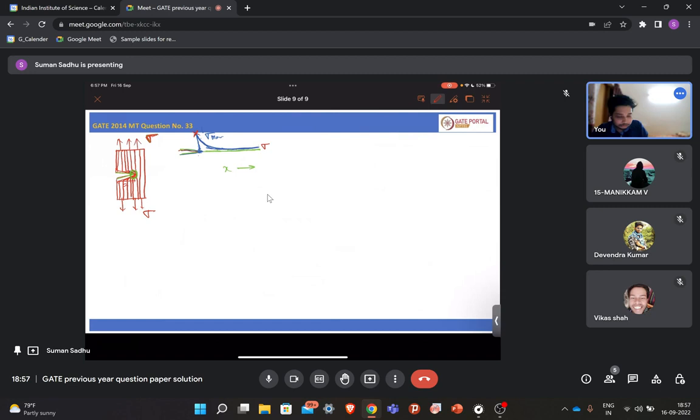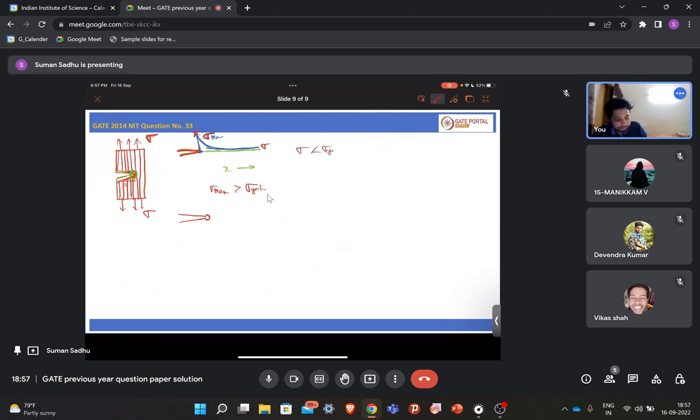So what will happen after some time? Now your crack is sharp, but your stress is higher at this point. If this sigma max is greater than sigma yield, or the yield strength, what will happen? Near the crack tip, it will deform plastically. Let's say the sigma you are applying is less than sigma yield.